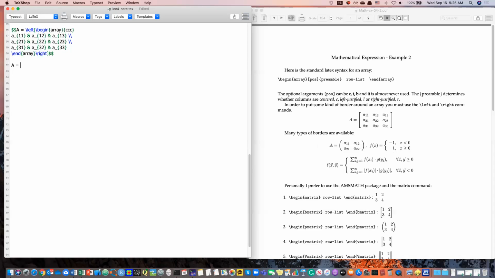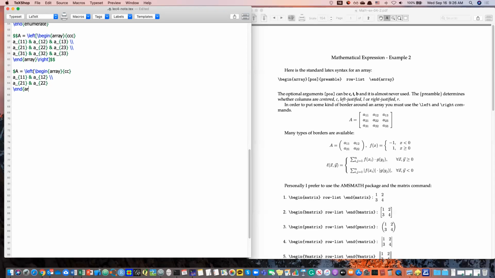Let me say here, A is equal to, and then left open parenthesis, and then begin array minus dc. Okay, A sub 1 1 and A sub 1 2, backslash, and then A sub 2 1, A sub 2 2.